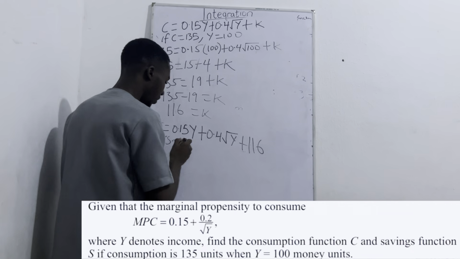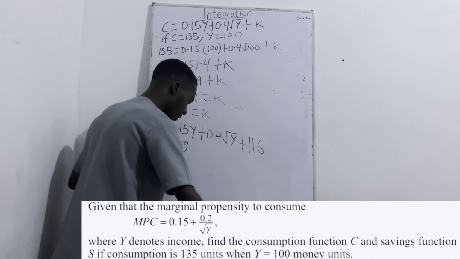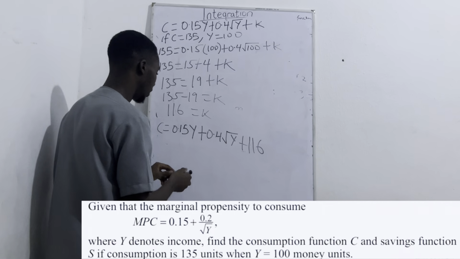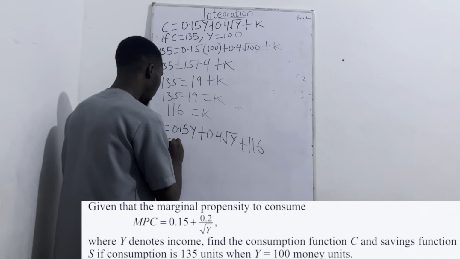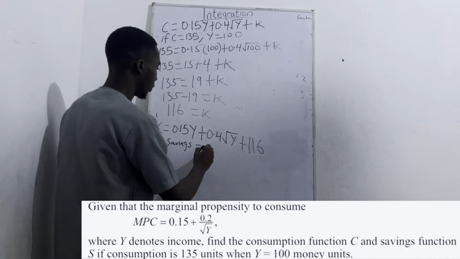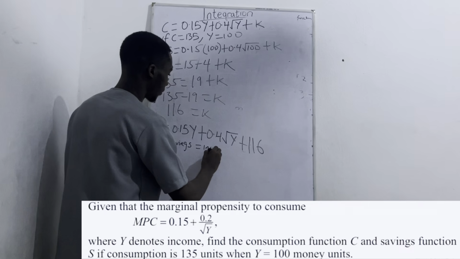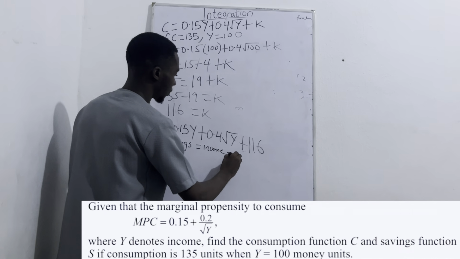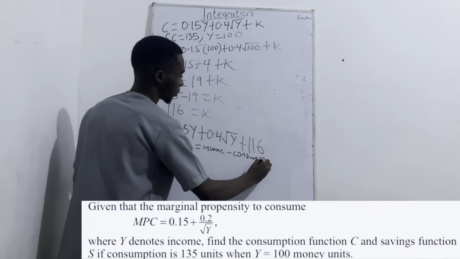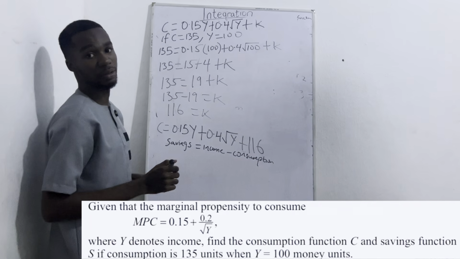So savings. So this is a general formula you have to know. You get it? So just put to your mind, savings is equal to income minus consumption. So please put this formula in your head.